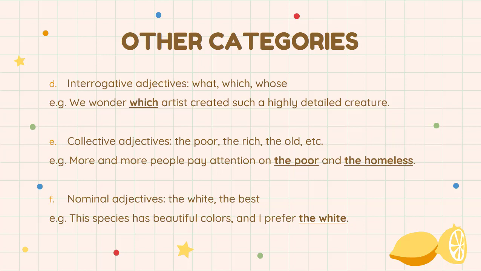Collective adjectives refer to a group of people, while nominal adjectives are more general. So, more and more people pay attention to the poor and the homeless. Here, the poor are the poor people and the homeless are the homeless people. This species has beautiful colors and I prefer the white. The white refers to this species, of course, whose color is white.